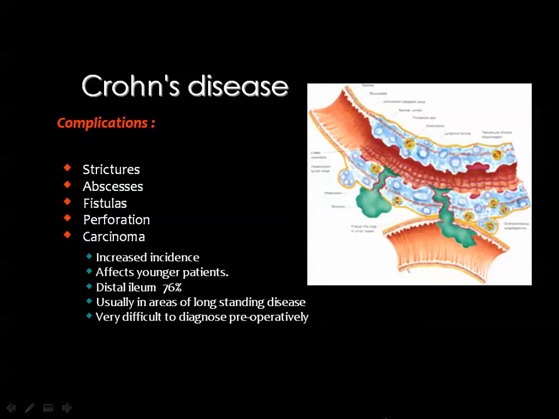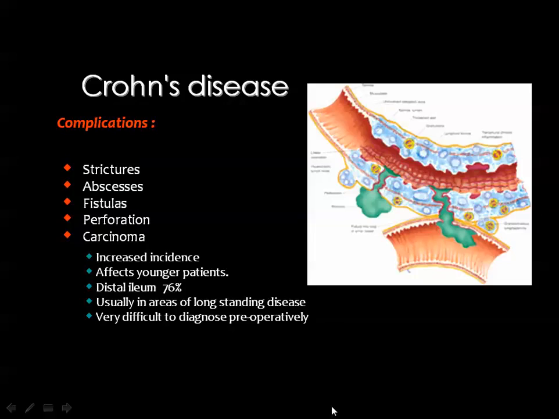Cases with Crohn's disease have an increased incidence of carcinoma, and this carcinoma will affect younger patients compared to those with no Crohn's disease. And this carcinoma is usually located in the distal ileum, while carcinomas of the small bowel are usually located proximally in the jejunum. And because it is on top of Crohn's disease, and Crohn's disease usually affects the terminal ileum, there is an increased incidence of carcinoma in the distal bowel in patients with Crohn's disease.